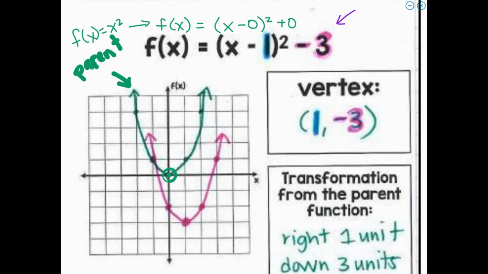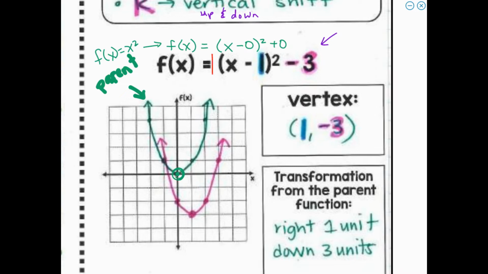So when I draw my new graph, did I have anything in front of that parentheses right there for an a value? Do I have an a value right here in front of my parentheses? No. I have an invisible 1 there, right?